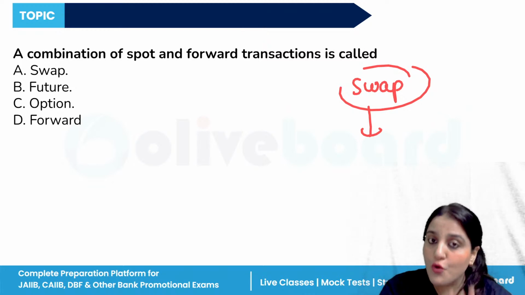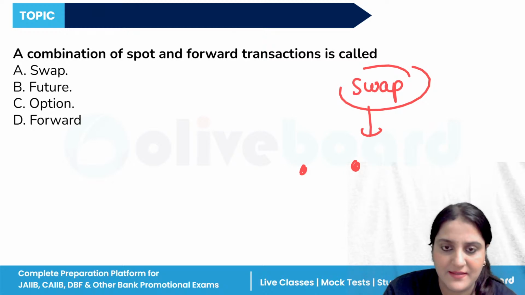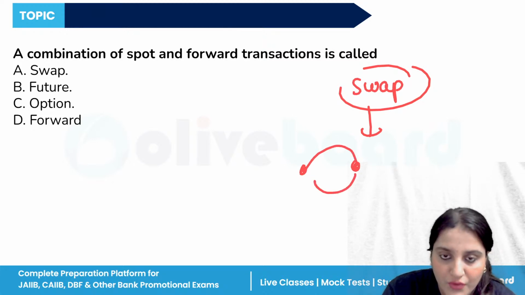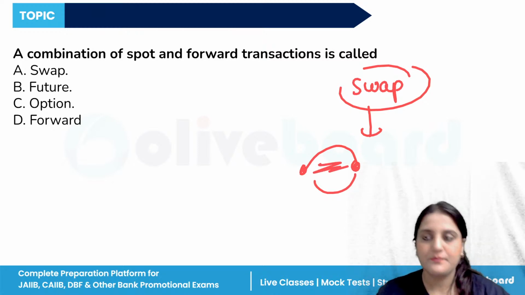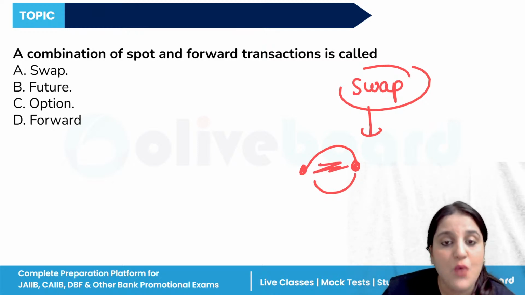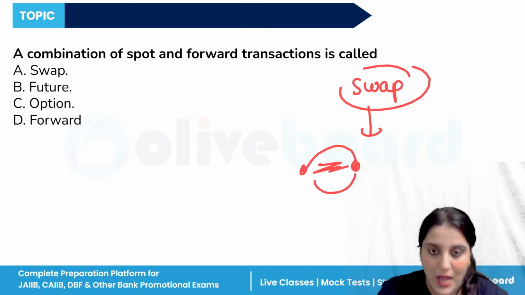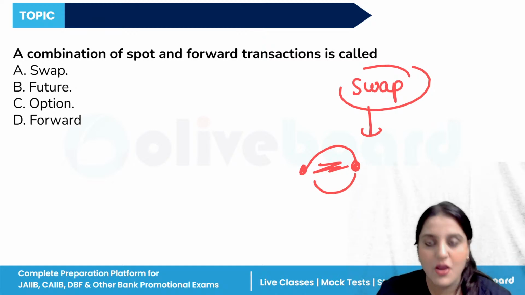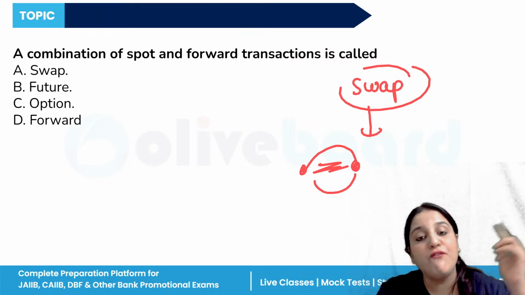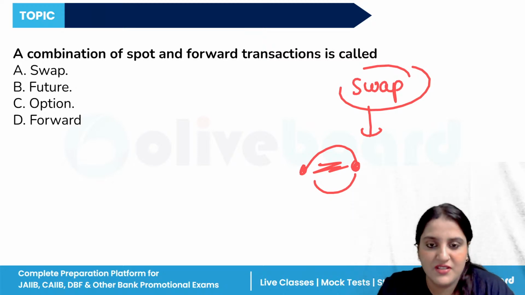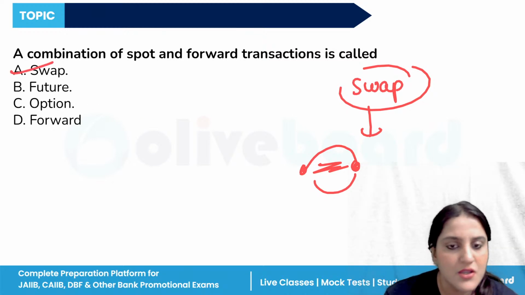In a swap, two parties are exchanging cash flows or financial instruments on agreed upon terms. A common type of swap involves spot and forward transactions, in a foreign exchange swap, where one party buys a currency on the spot market and simultaneously sells it on the forward market, or vice versa.